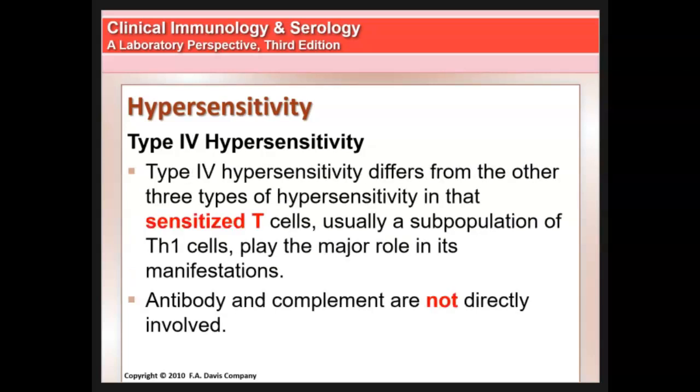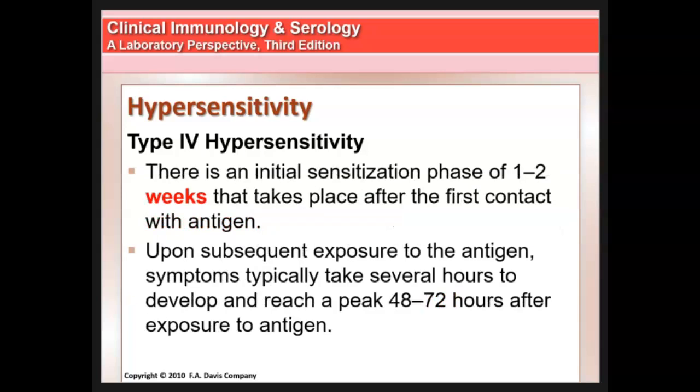Okay, finally, type 4 or delayed hypersensitivity. Type 4 hypersensitivity differs from all the others in that sensitized T cells play the major role in the problems. Antibody and complement are not directly involved. Very important.